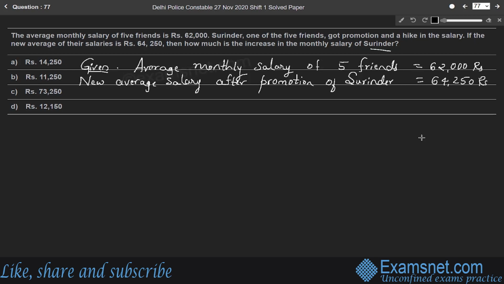So here we are using the formula: average is equal to sum of all observations divided by the total number of observations. Right? So calculation.